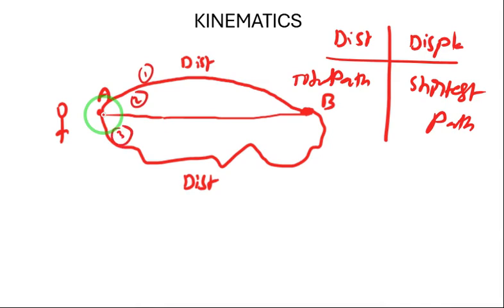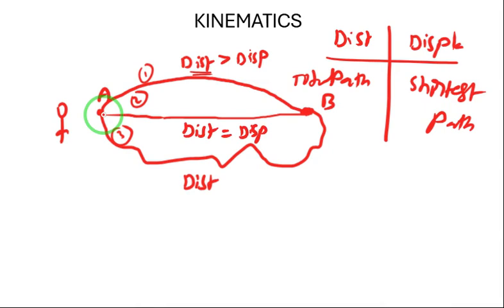In case 1, distance is greater than displacement. Why? Because displacement is the shortest path from A to B. So in this case, distance is equal to displacement.